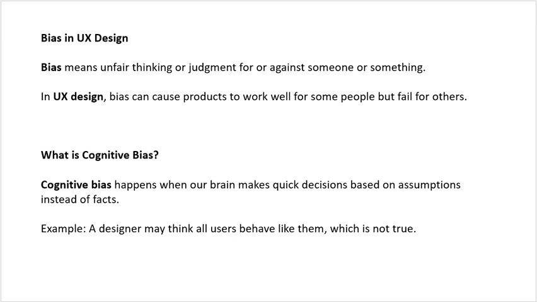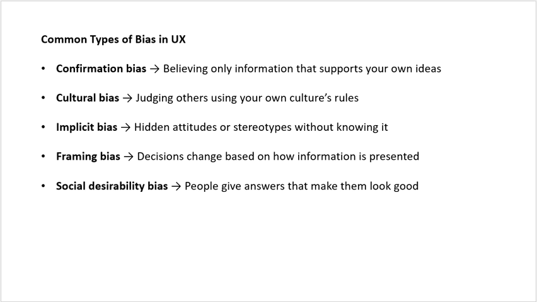Implicit bias, holding attitudes or stereotypes without knowing it. Framing, where decisions change based on how the information is presented. And social desirability, where people give answers that make them look good.